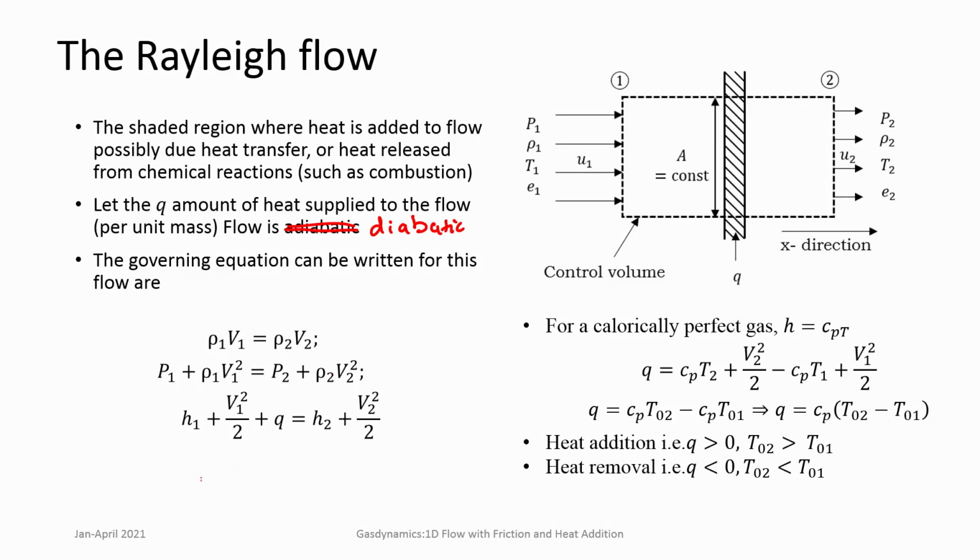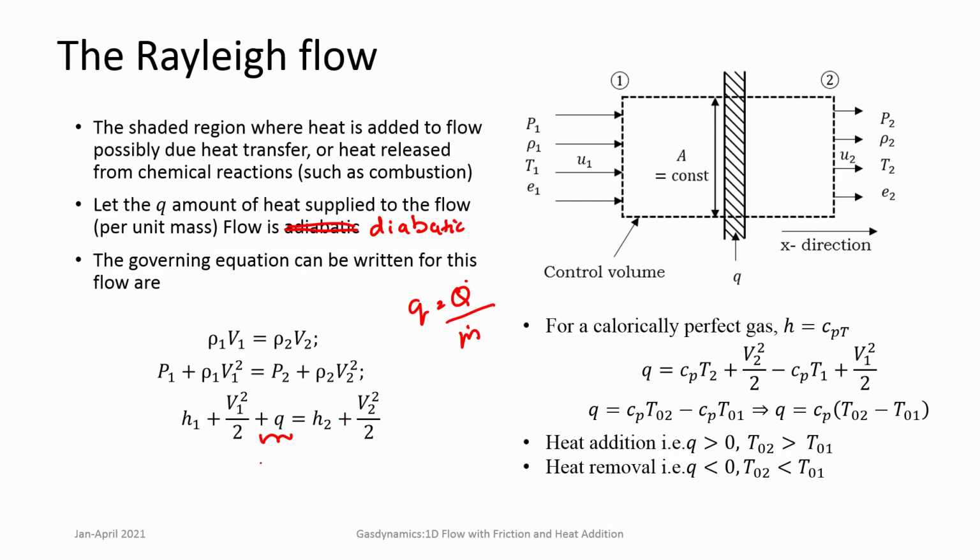Okay. What about the total enthalpy? h 1 plus V 1 square by 2 plus a heat added term. So, there is addition of heat. Q is actually Q dot, which is total heat added, divided by m dot, so per unit mass. So, Q plus h 1 plus V 1 square by 2 is equal to h 2 plus V 2 square by 2.